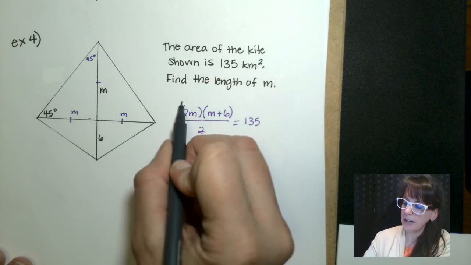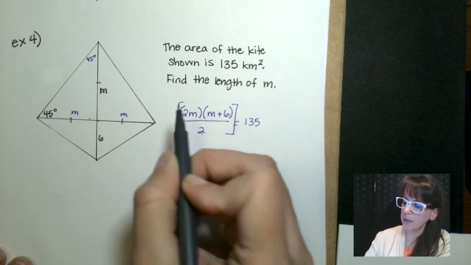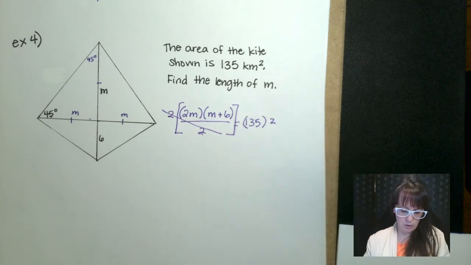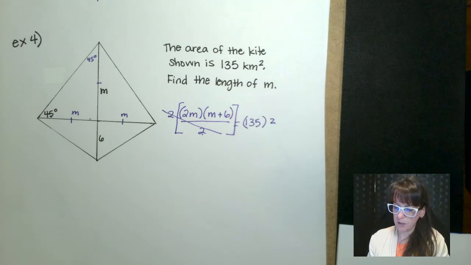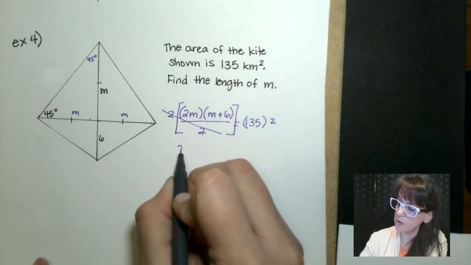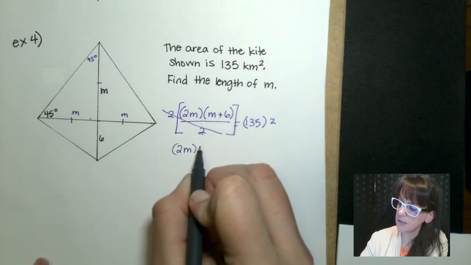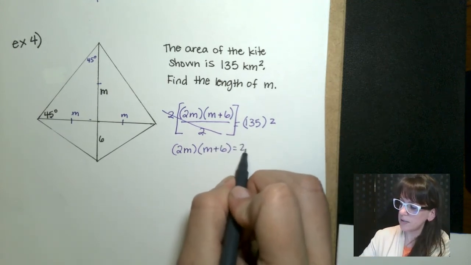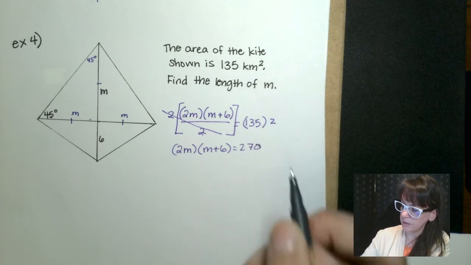We're currently dividing, and the opposite of divide is multiply. So multiply both sides by 2. Good, and if we do that, we get 135 times 2, which gives me 270. Okay, so 2M times M plus 6 equals 270.